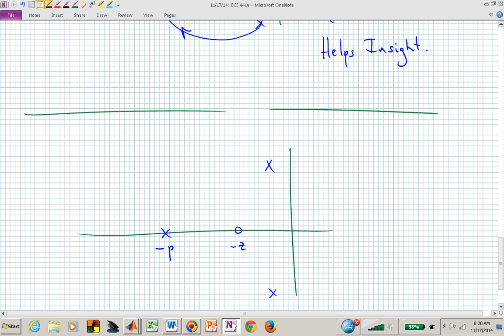The middle segment of the real line is between Z and P. So now I'm asking, does that segment belong to the root locus? And I think I saw quite a few thumbs being up, and that's true because we have an odd number of poles and zeros to the right of any point in that interval.